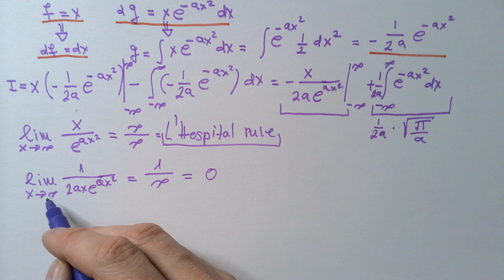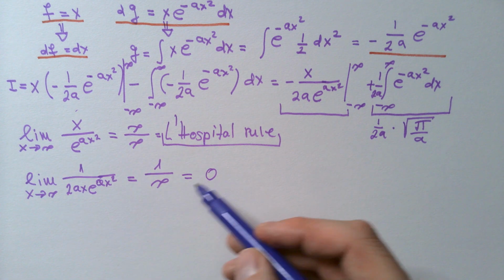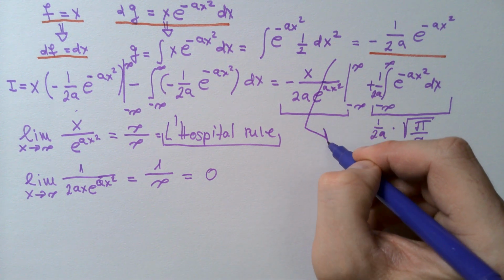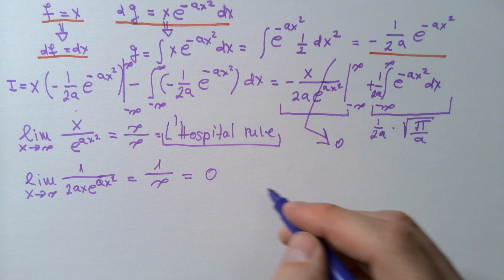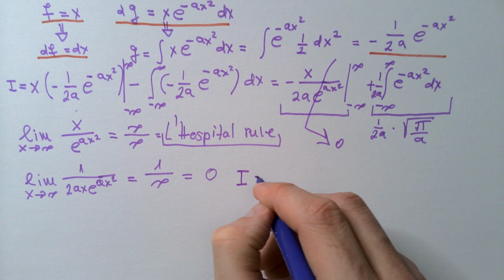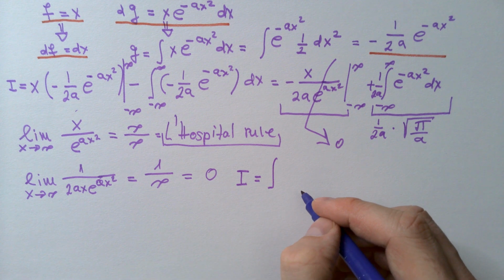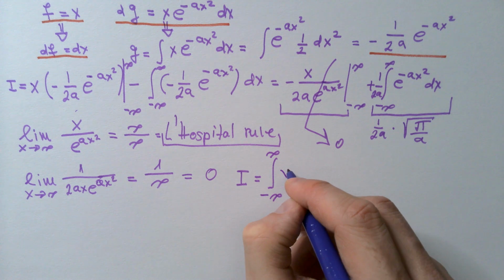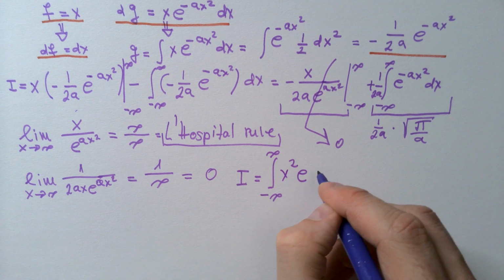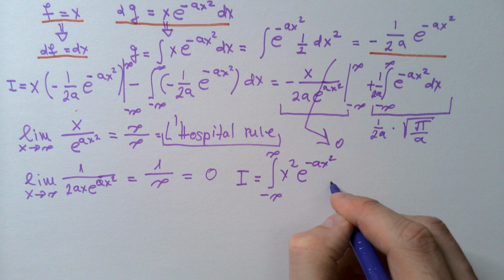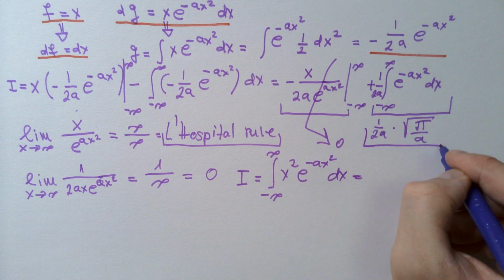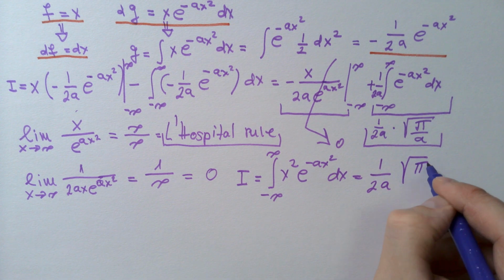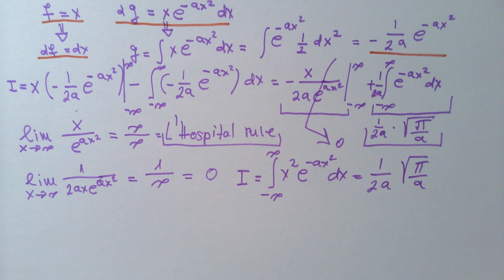And you can convince yourself you get the same result if you try to solve this limit when x goes to negative infinity, which means this term over here simply collapses to 0. And our integral I that was equal to integral from negative infinity to positive infinity, x squared e to negative ax squared dx is equal simply to this 1 over 2a square root pi over a.